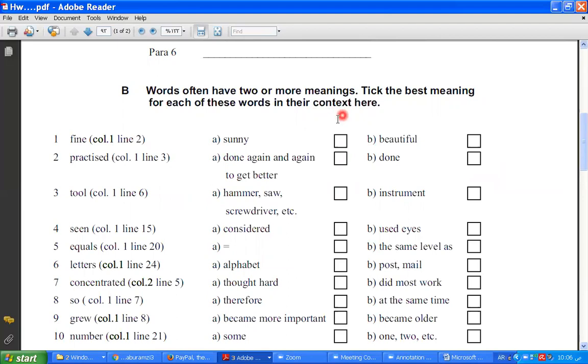The context of the sentence determines it. For example, here the word fine. Fine means beautiful. Fine can also mean a penalty they add for a certain violation, which is also called a fine. Exactly, correct. So the word fine here in part 1, line number 2, means sunny or beautiful.